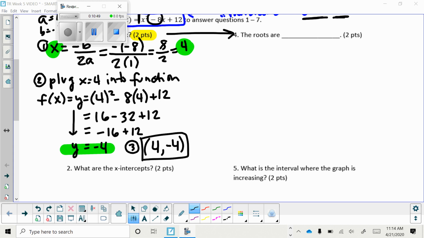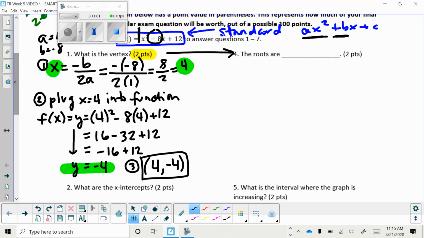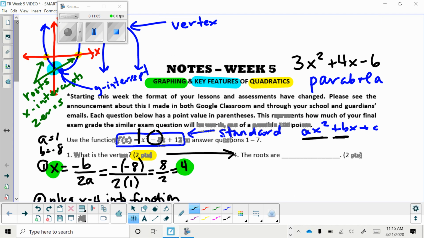Now I talked about when I was drawing this picture up here, how the roots are similar to the x-intercepts or the zeros. It's where the graph crosses the x-axis. There's something I want you to notice on this graph, so I'm looking at the 2 highlighted yellow dots up here.